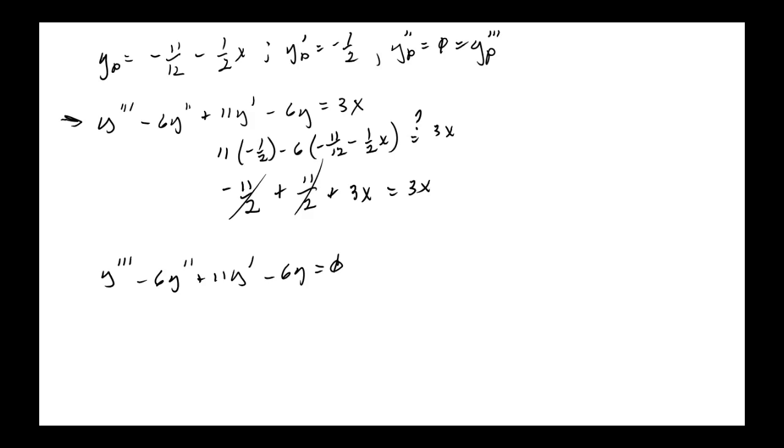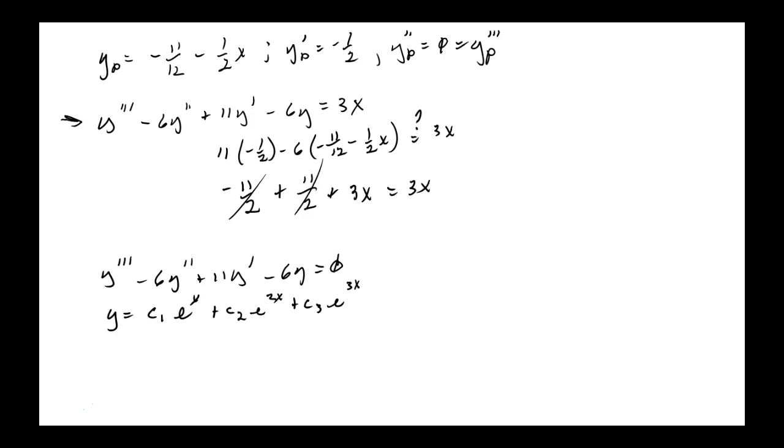And we concluded that y is equal to C1 e to the x plus C2 e to the 2x plus C3 e to the 3x was the general solution for that differential equation, the homogeneous case.